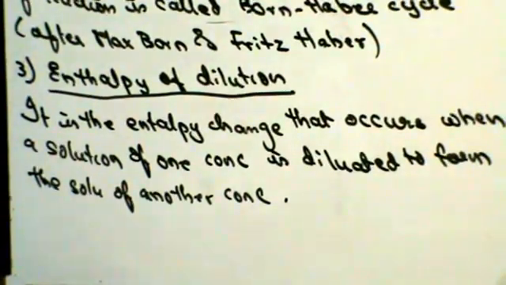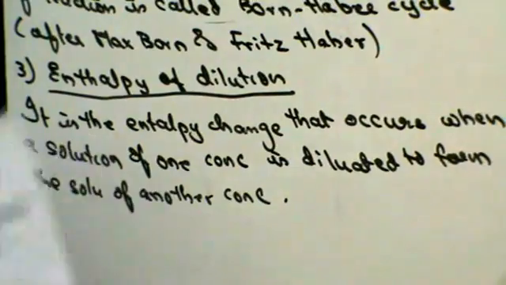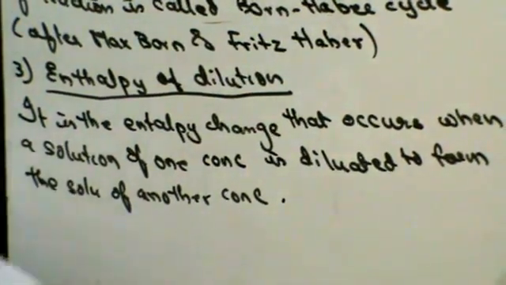Okay, I have already explained to you what is thermochemistry. It is the study that includes the study of enthalpy changes in a chemical reaction. Next, what do I understand by heat of reaction? What do we understand by enthalpy of chemical reaction?